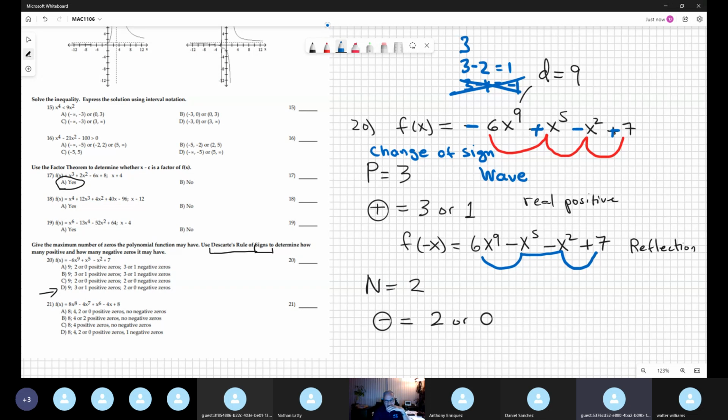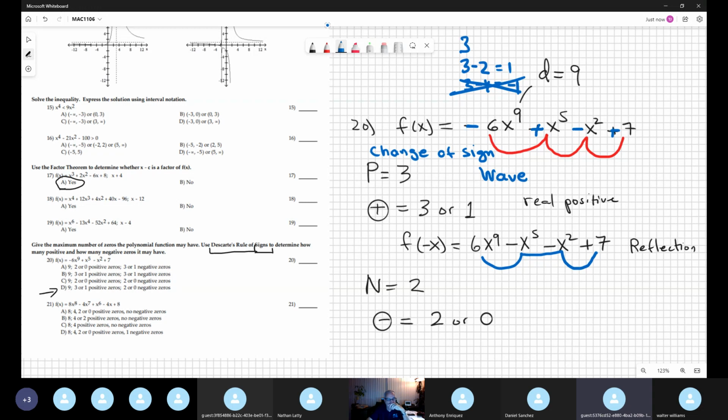No, I don't understand why you subtract 3 minus 2. It's a rule. Okay, it's a rule. I'm sorry. It's like a mathematician presented the rule, and the only thing we need is to apply it. You understand the rule, and that's it. Okay, so when you get the changes of sign, then you keep subtracting until you get a negative number.